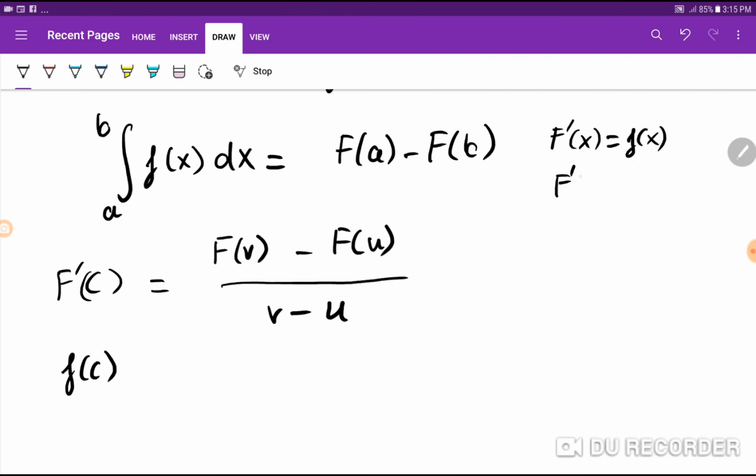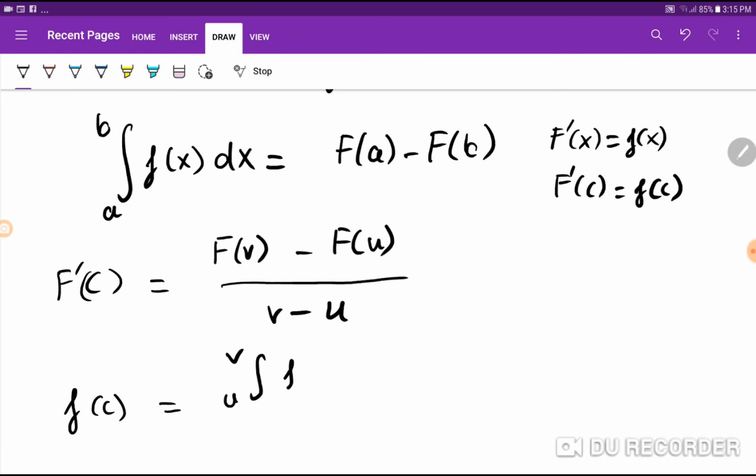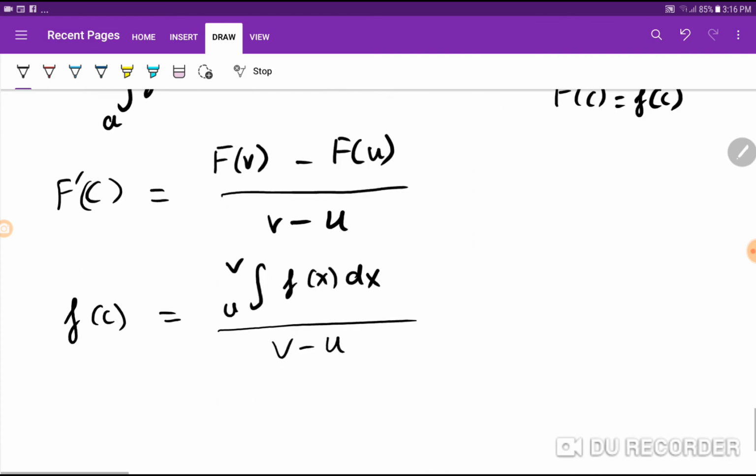So f(c) equals F(v) minus F(u), which is the integral from u to v of f(x) dx, over v minus u.